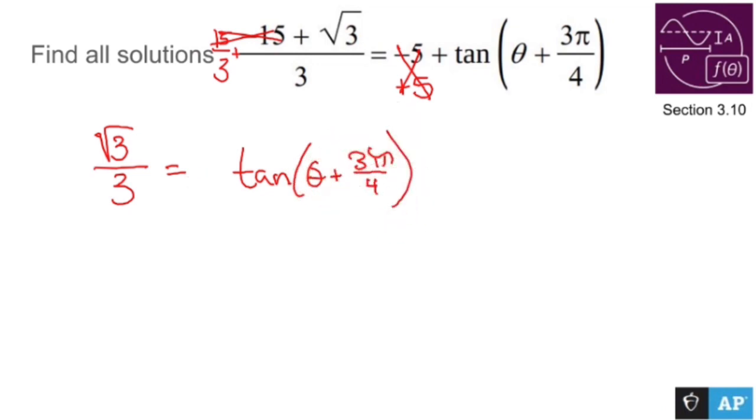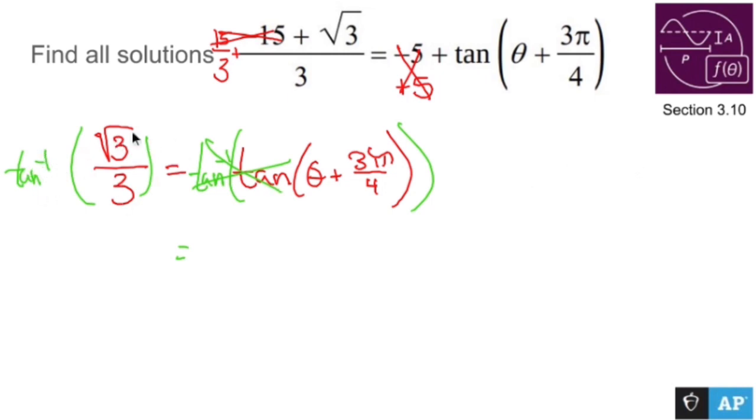Now, how do I get rid of that tangent so I can open up that whole parentheses there? Inverse tangent, of course. So I'm going to take the inverse tangent of root 3 over 3, and that allows that to cross out. Now, here's the thing that I have to be careful of. I am asking you what angle gives me root 3 over 3 if I take the tangent of it.